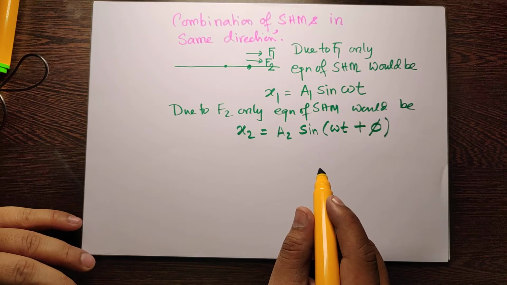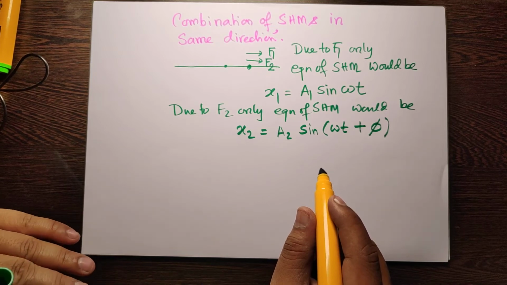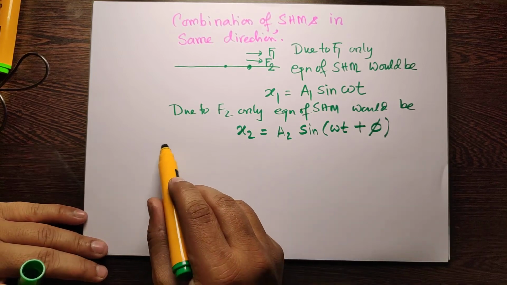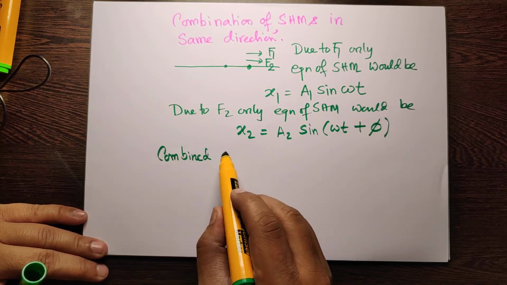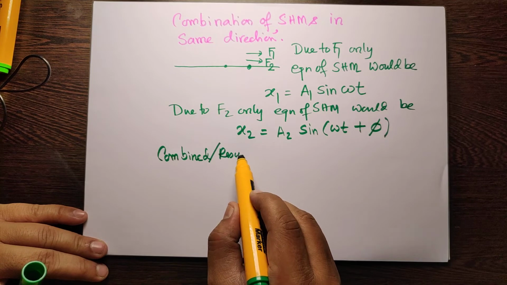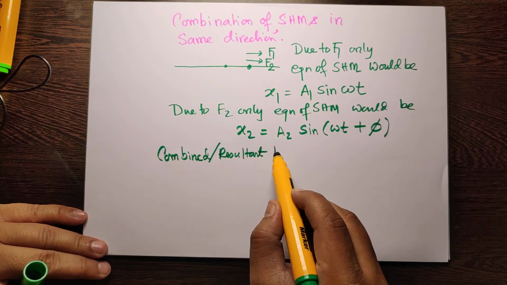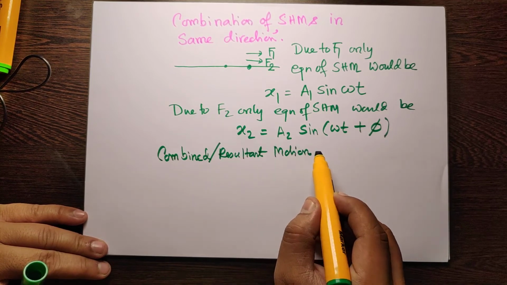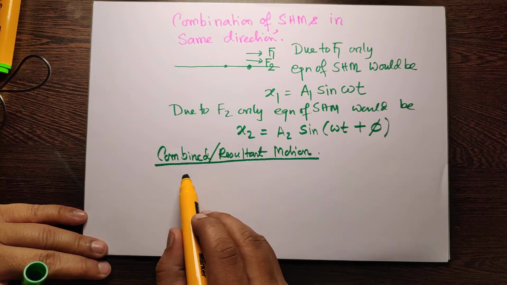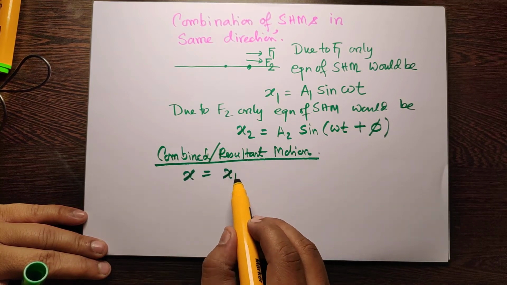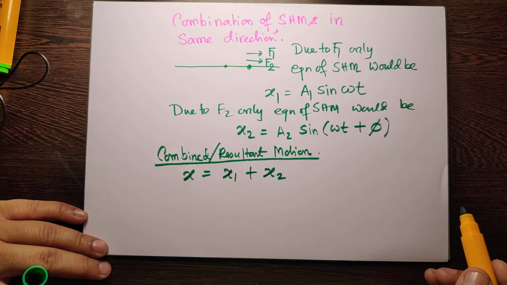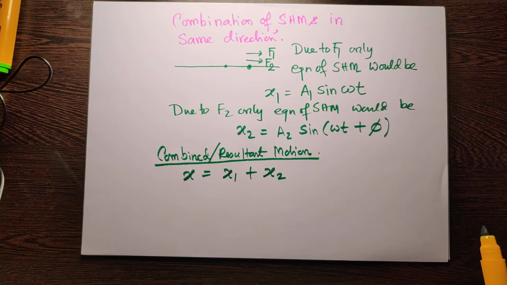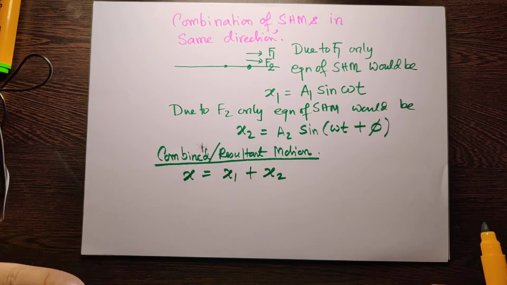By intuition you know the combined or resultant motion we can get by this equation, x equal to x1 plus x2, by adding the two displacements.